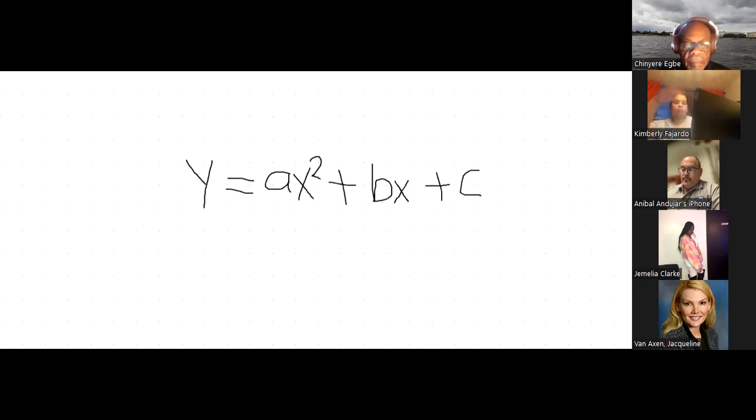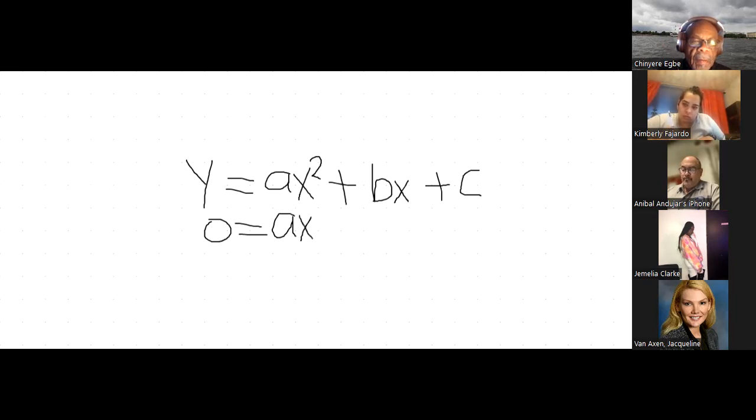Now, the peculiar thing about the quadratic function is that we specify it in such a way that y is 0. Okay? So you have ax squared plus bx plus c. You can do it either way. You can just say that ax squared plus bx plus c is equal to 0.